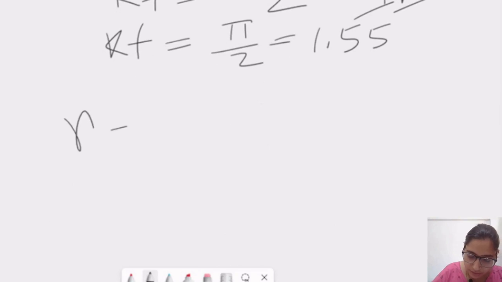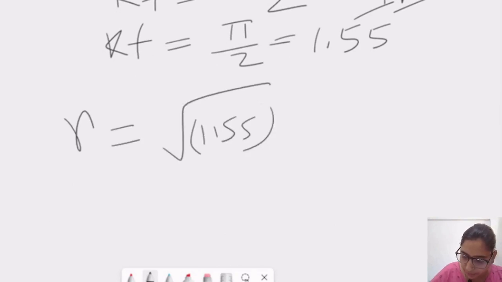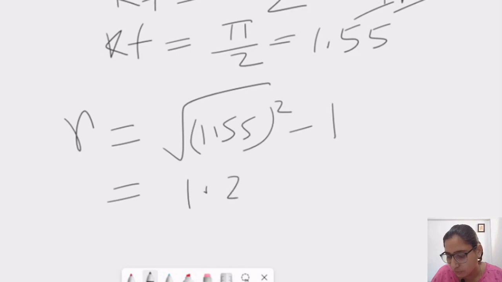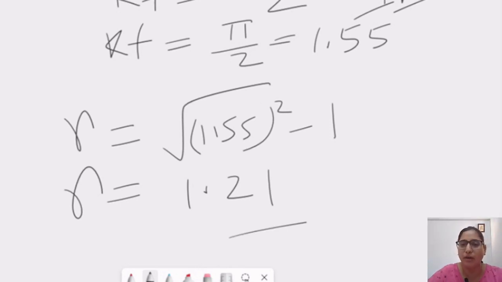So ripple factor is nothing but the square root of 1.55 square minus 1. Clear? If we further calculate it, we will get the value of 1.21 for ripple factor. So the ripple factor of a half wave rectifier is 1.21.